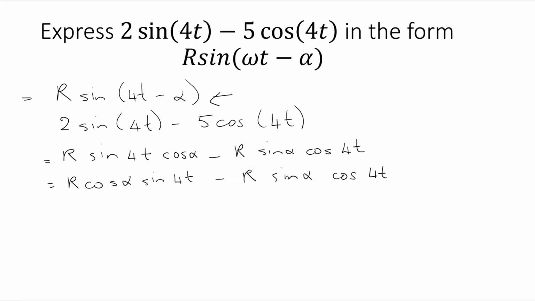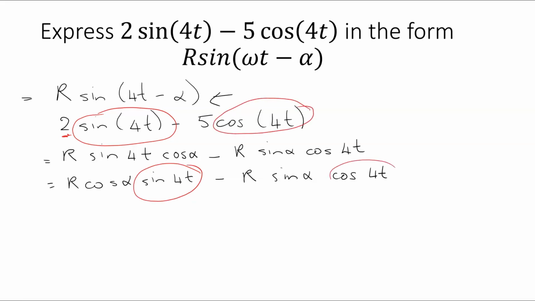This is 2, so 2 is equal to R cos alpha. I want to do it the other way around. We've already got the sine 4t and the sine 4t, and we've got the cos 4t and the cos 4t.